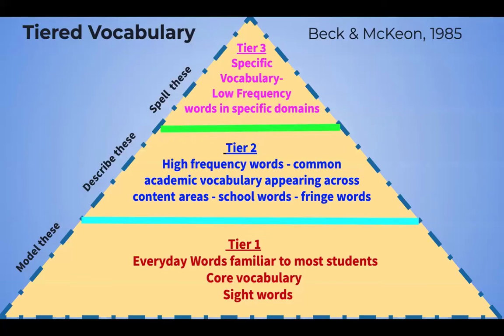And then tier 3 words, we're going to be thinking more about spelling them. So that's one of the things we also, in this process, need to be thinking about: the vocabulary we need to learn so that we can become literate. And that's a big piece of the training, is how do we connect it to text?